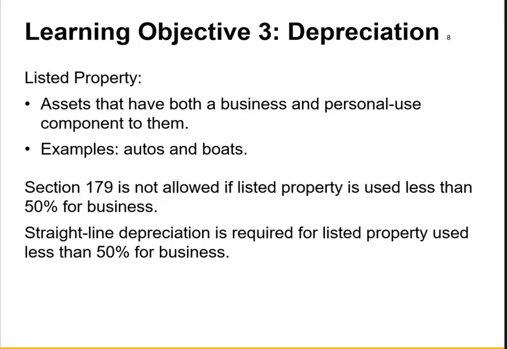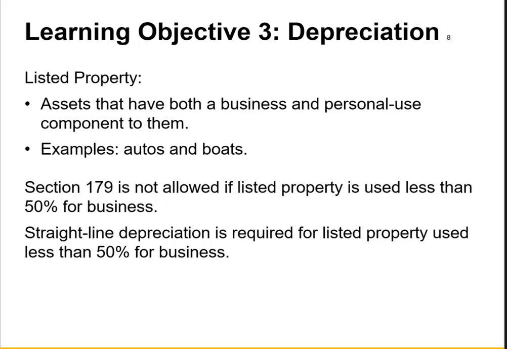But an automobile does. Boats can be business property, but you can clearly see how that could be misused or taken advantage of when you buy a boat that's mostly used for personal use, and then develop some kind of fishing business in order to make it a deduction.